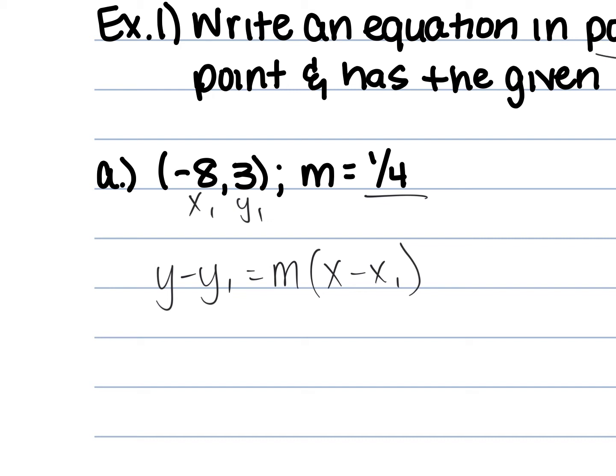Use different colors as a highlighter so you can visually see it. But we're going to grab this 3 and put him right here where y1 is. We're going to take this m, which is 1/4, and we're going to substitute him for this m over here. And we're going to take this -8 and substitute him for this x1.